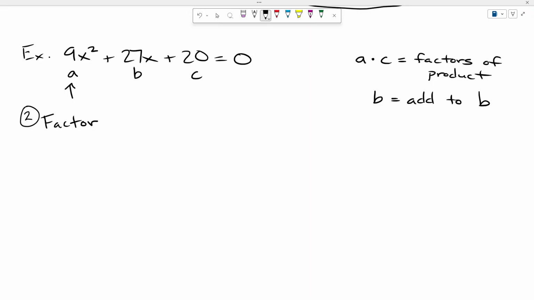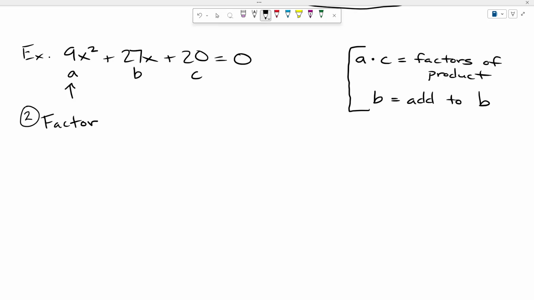So remember this: if your leading coefficient, the number at the very beginning of a quadratic equation before the x squared, isn't 1, when it comes time to factor, remember A times C, factors of whatever that product is, and they need to add to B. And again, that's still what we did with the previous one.